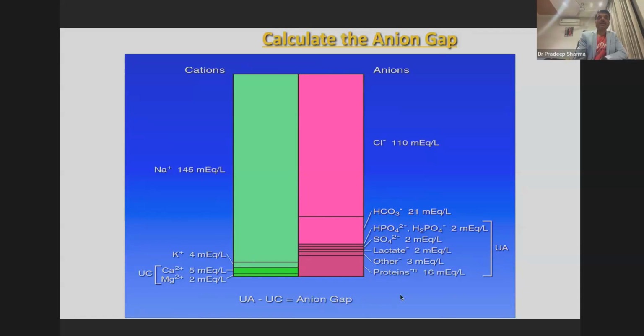Whereas if you have increased anion gap acidosis because of these anions, because the patient is in shock, for example, due to poor perfusion, in that bicarb supplement will not help. In that you have to treat the cause. Patient is in shock, give fluids or inotropes, antibiotics, whatever is required.